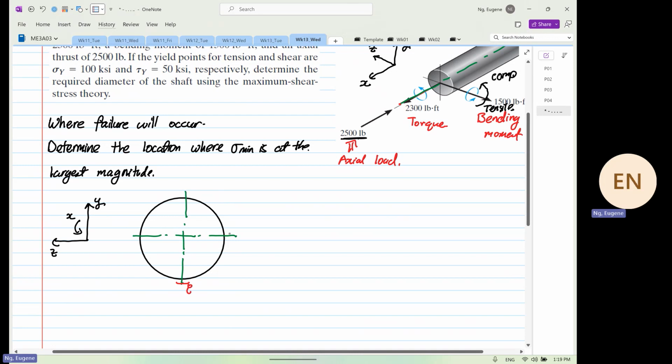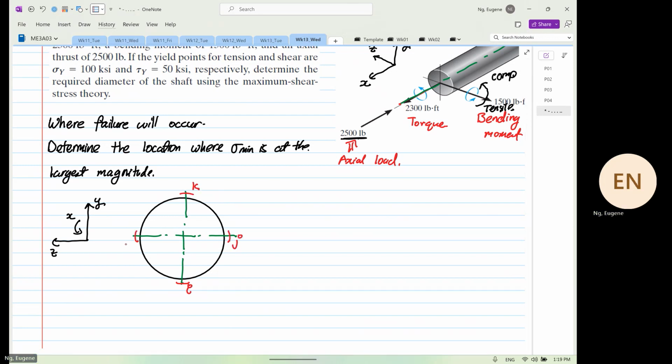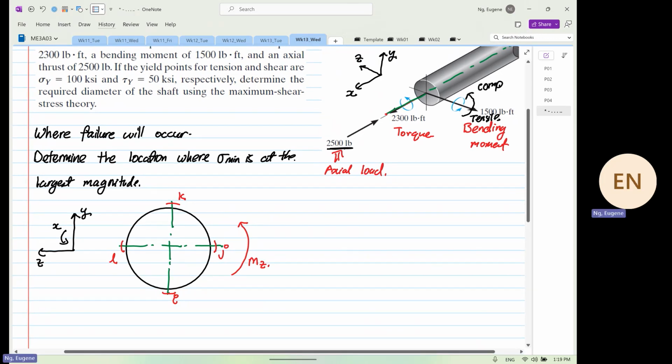Element I, J, K, and L. And this is our moment about the Z-axis.